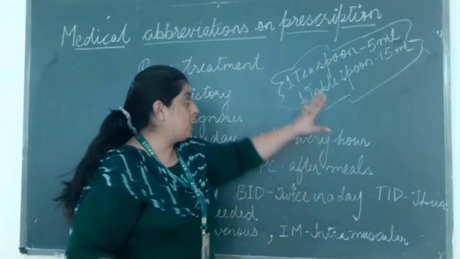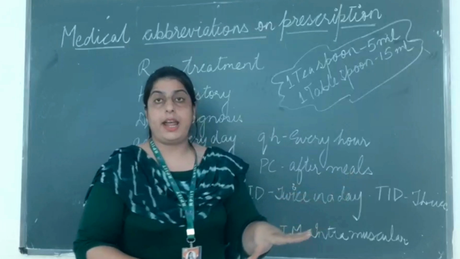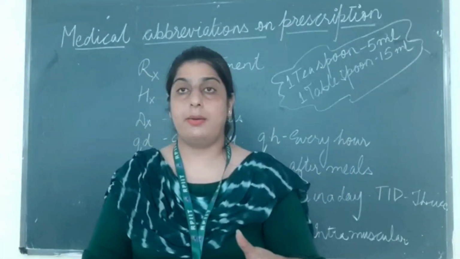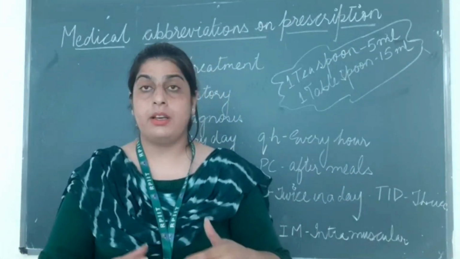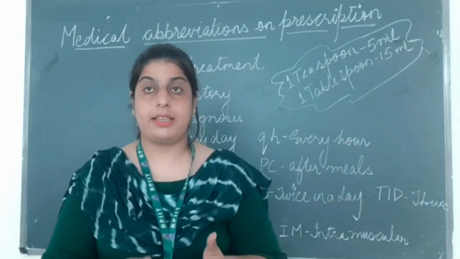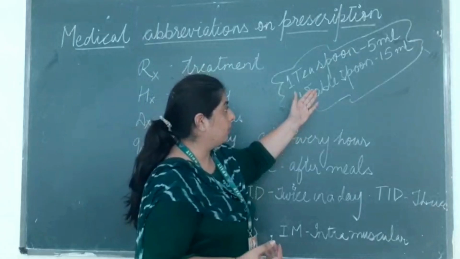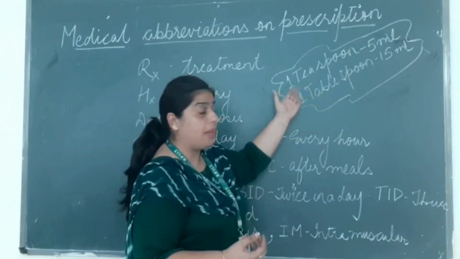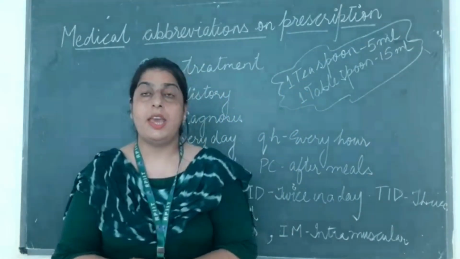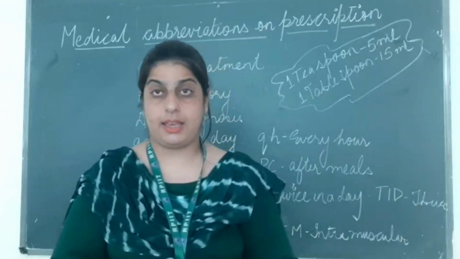Dear students, these two things are very important, and these two terms are mentioned on liquid dosage forms like syrups, mixtures, and cough syrups, and people get confused about the amount which is to be taken.